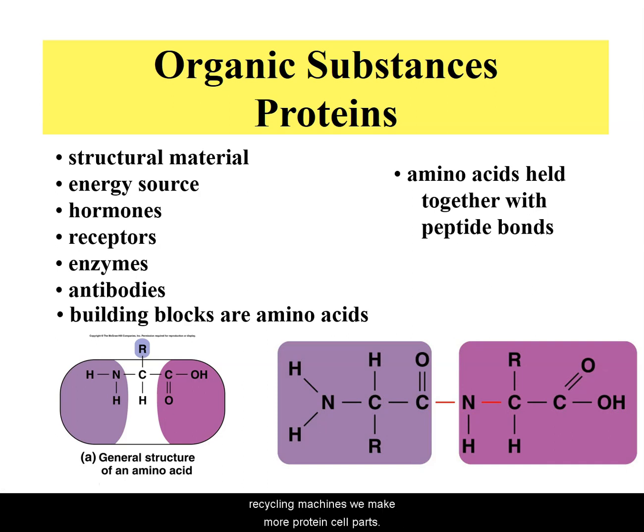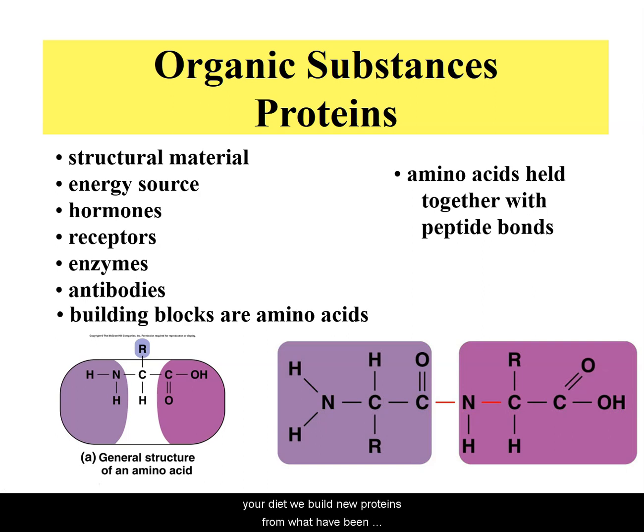We're recycling machines. We make more protein, cell parts, tissues, and hormones and enzymes and receptors and all this. We build from those amino acids that you got from your diet.